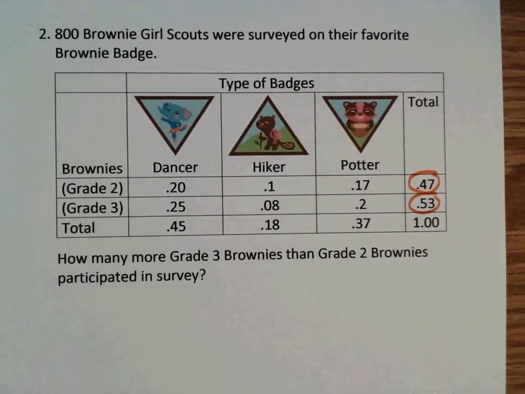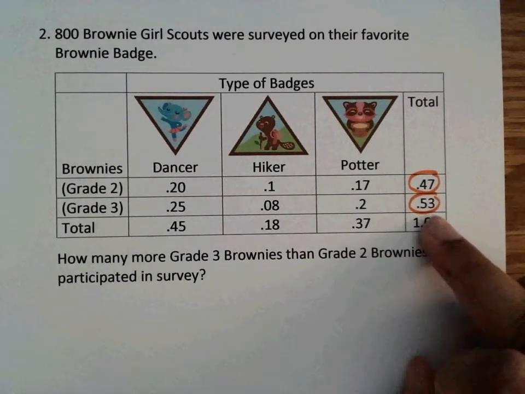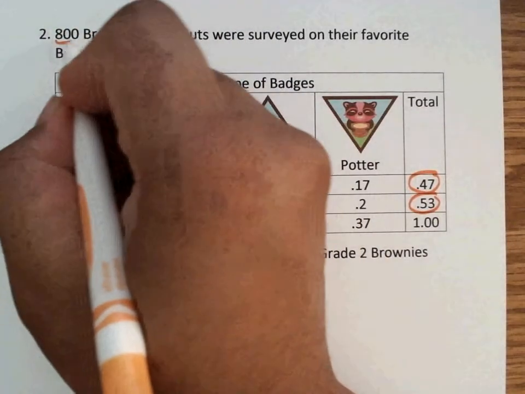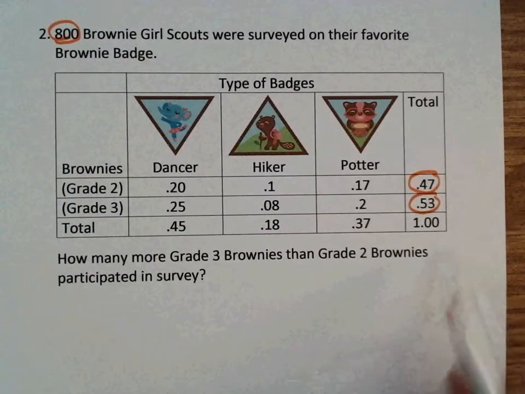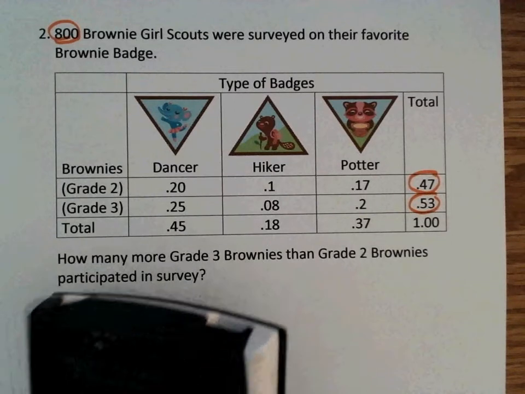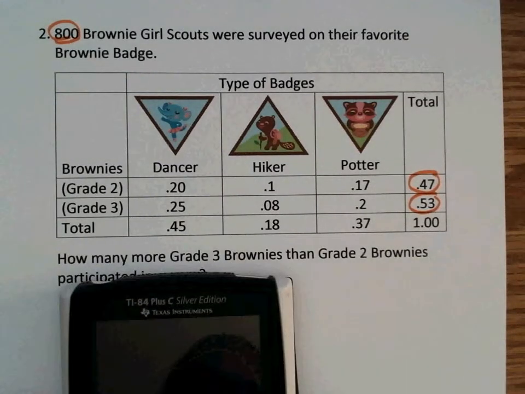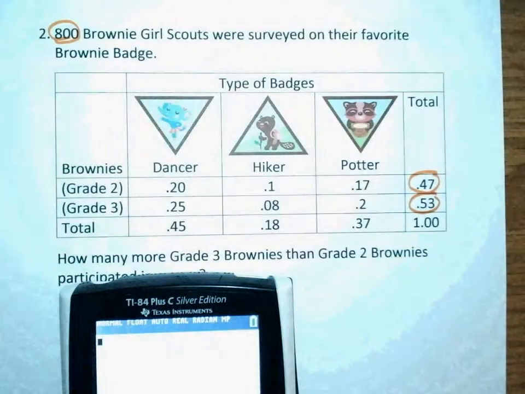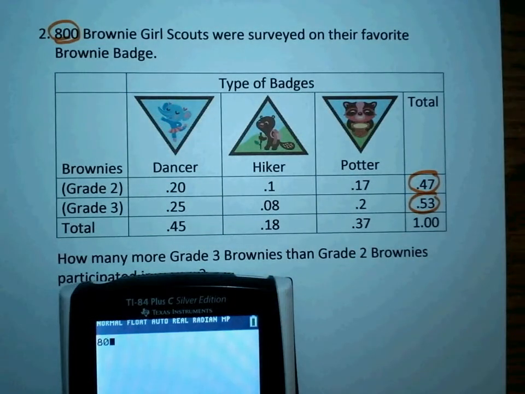So if I want to find out the actual number of them, I need to multiply the total, which is 800, times the percent. So I'm going to pull out my calculator, turn my lamp on so y'all can see it. All right, so I'm going to do 800 times 0.47.